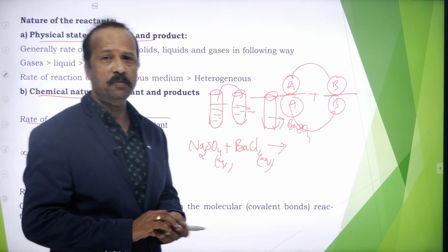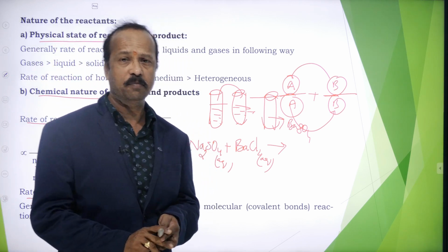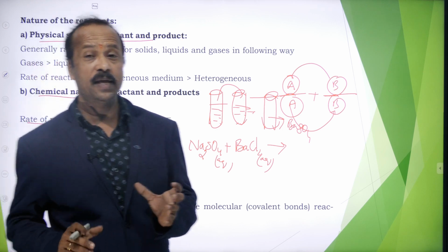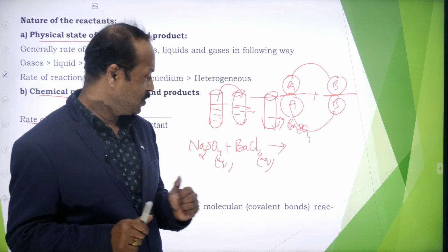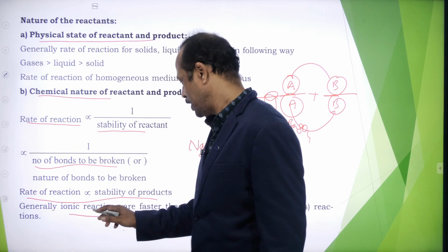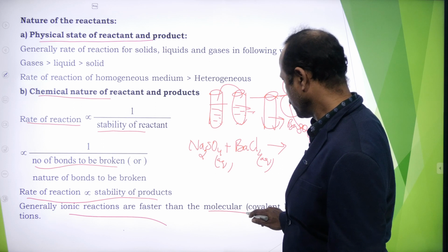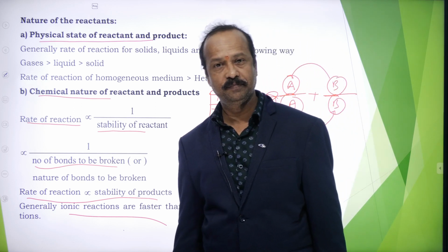So the reaction takes place instantaneously. Therefore, reactions between ionic compounds are faster compared to covalent reactions. So ionic reactions are faster than molecular or covalent reactions.